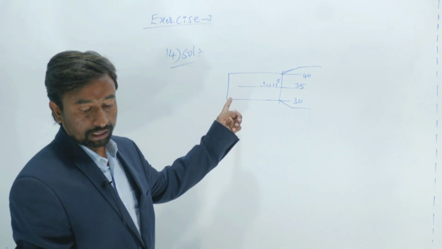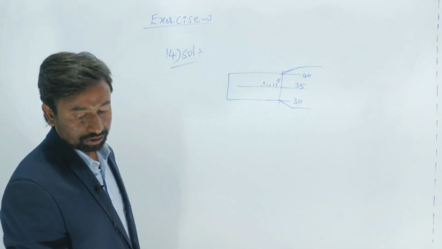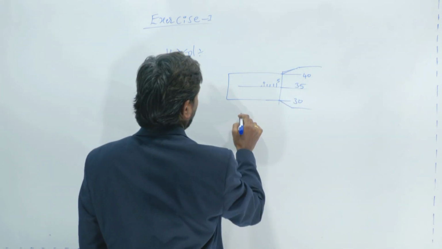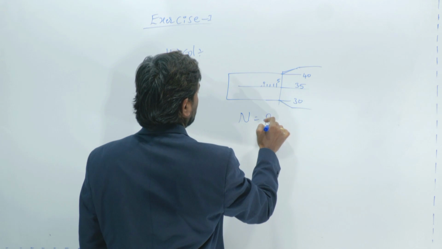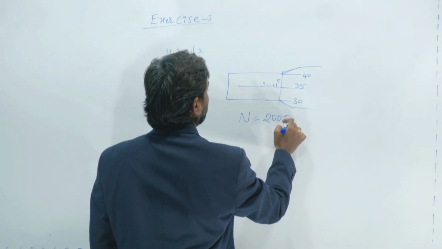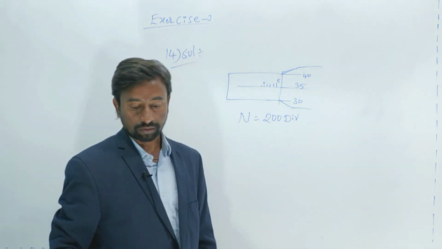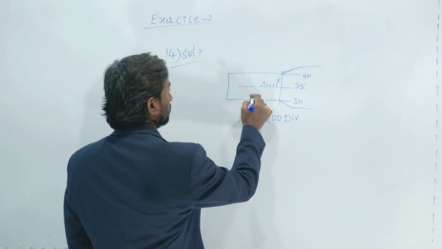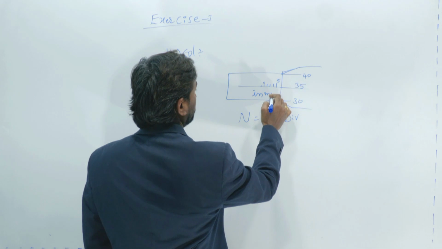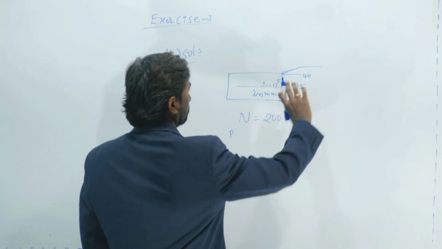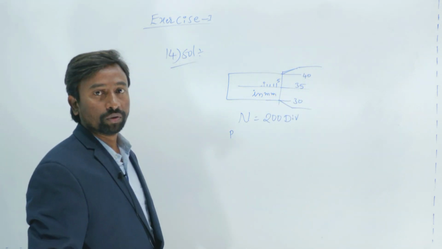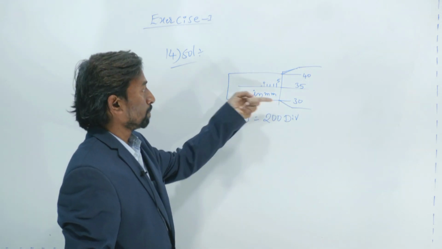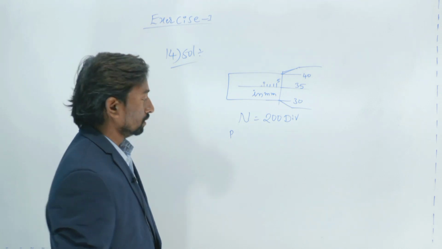In the above diagram, a screw gauge whose circular scale has 200 divisions is given. So the number of divisions on the circular scale is 200. Then they are asking for the least count. This is given in millimeters only. If the circular scale is rotated, the circular scale advances on the pitch scale by 1 mm.